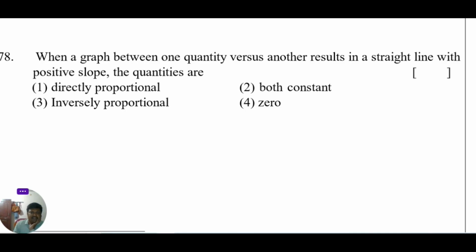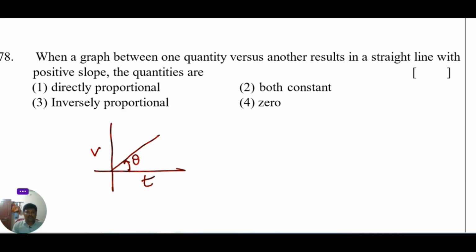When a graph between one quantity versus another results in a straight line with a positive slope, the quantities are. My dear children, look at the screen. Suppose we draw a graph between velocity and time. Positive slope means here the theta should be less than 90 degrees.